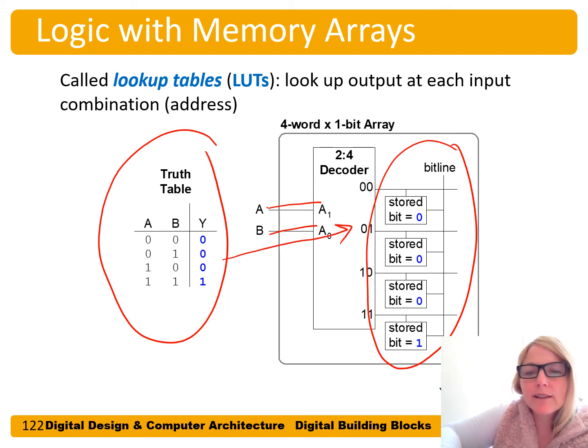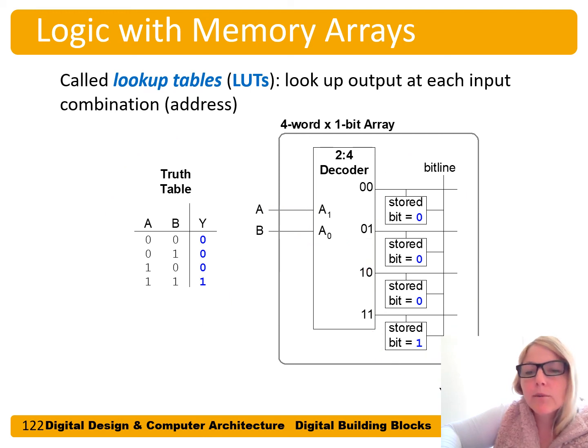And let's say we actually meant to do the OR operation. Now I just change the value that's stored in my memory, and it's now an OR gate instead of an AND gate. And so this reconfigurability is the feature that we're going to use with our lookup tables, or our memory arrays used for logic.